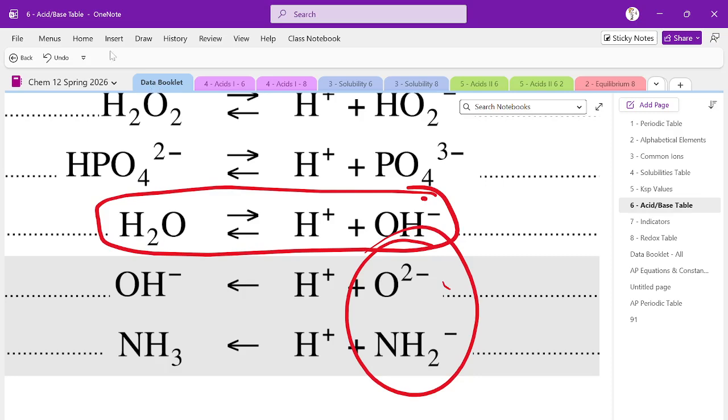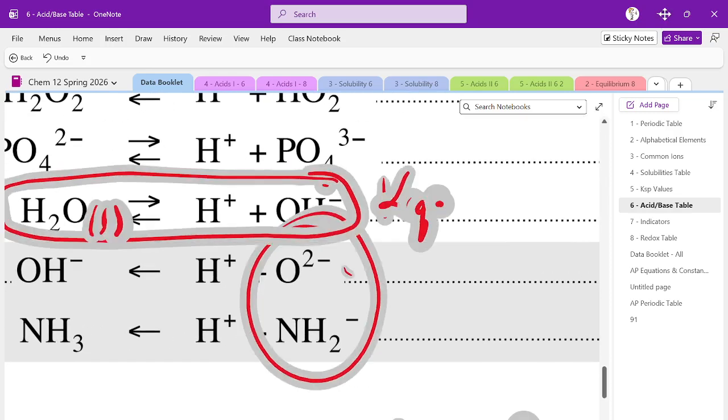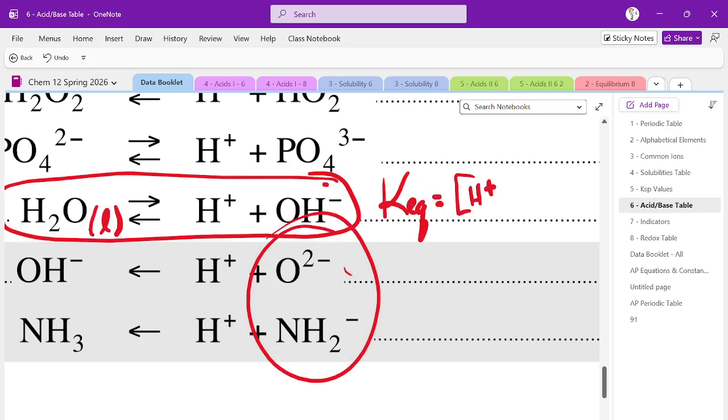H plus times OH over H2O, except H2O is a liquid, so we don't put it in there. So what is KW equal to? H plus times OH minus. And what is this KEQ called? KW.